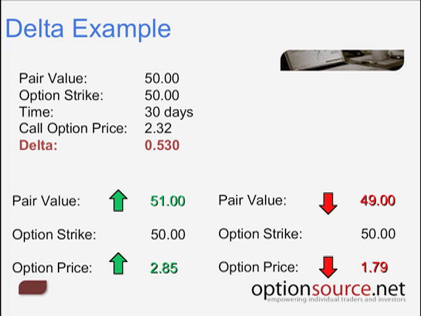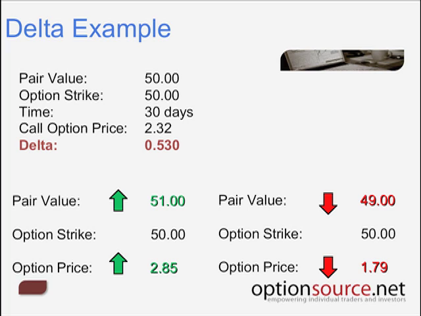And what happens is the more that underlying security increases, the higher the delta becomes, and the more influence that underlying has on the price of the option contract. And it works in the opposite way as well.